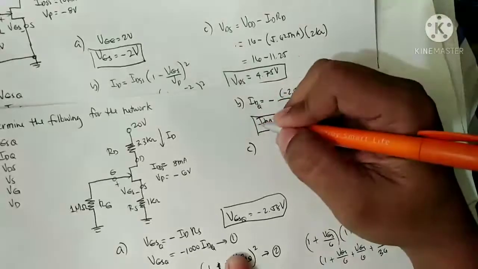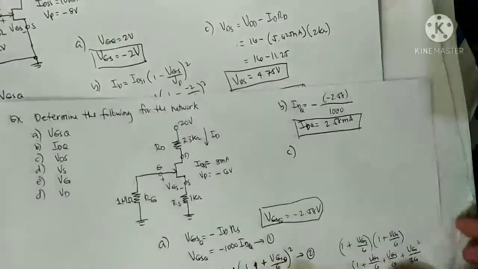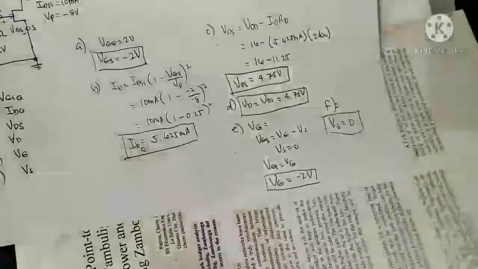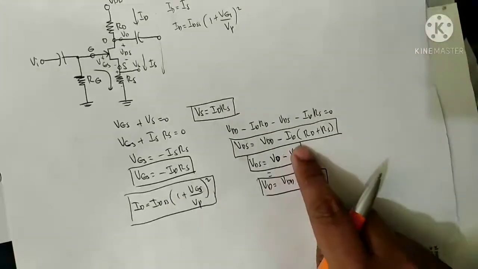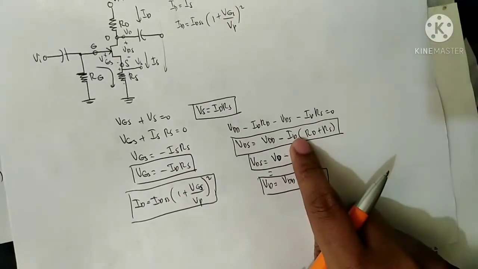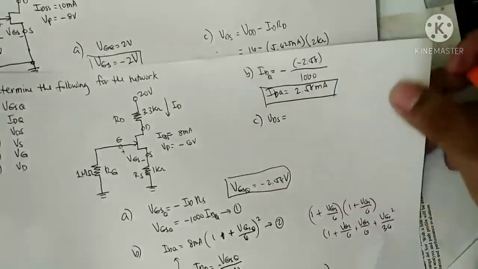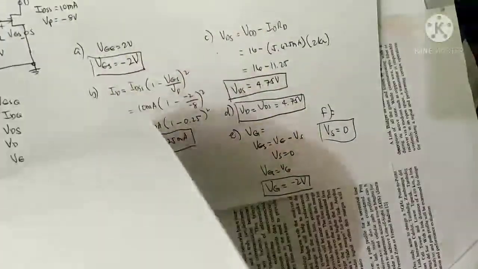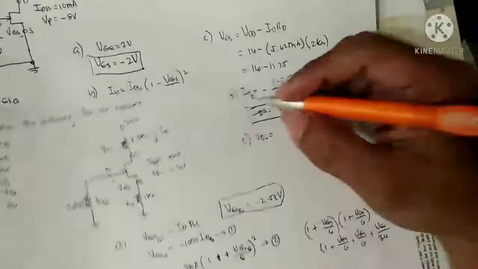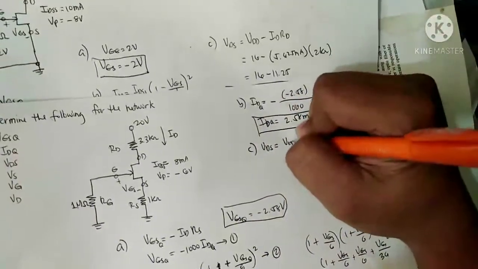It cannot exceed this 6 in magnitude. So therefore the correct answer is negative 2.58. So therefore VGSQ is negative 2.58 volts.